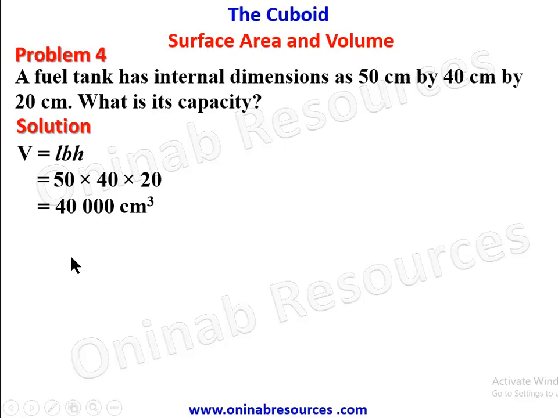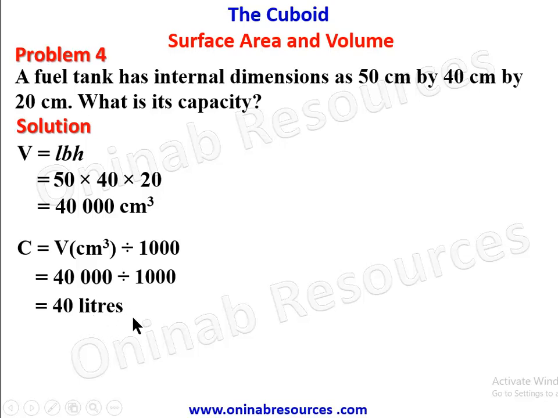And the capacity now will be volume in cubic centimeters divided by 1,000. That's 40,000 divided by 1,000, which gives us 40 liters. And that's the capacity of the fuel tank with the given dimensions, 50 centimeters by 40 centimeters by 20 centimeters.